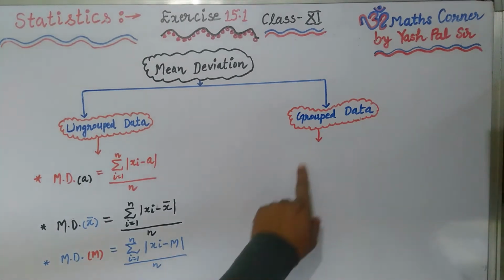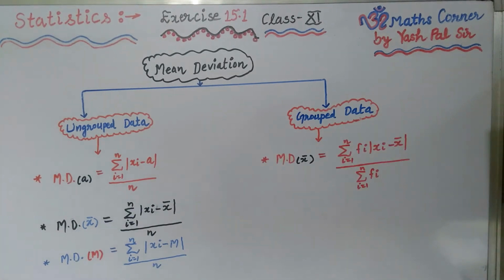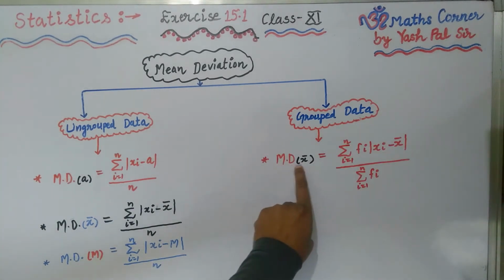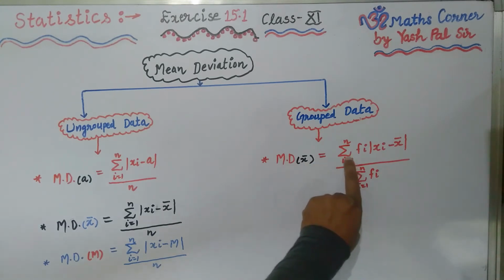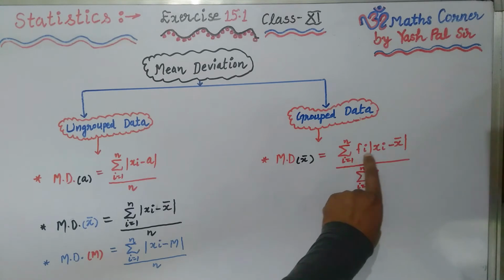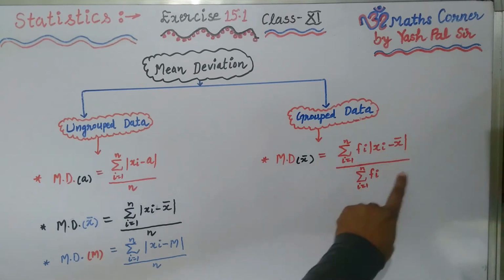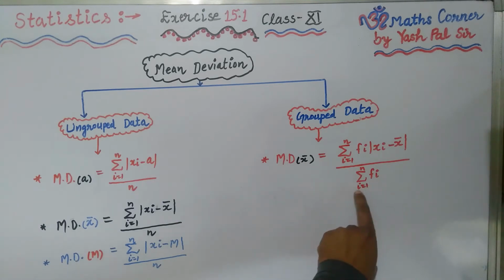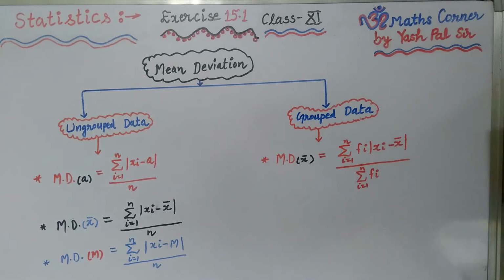Now we shall discuss the formulae in grouped data. The first one is mean deviation about mean, which is equal to summation i equal to 1 to n fi into modulus of xi minus x bar, whole divided by summation i equal to 1 to n fi, which is also equal to n.